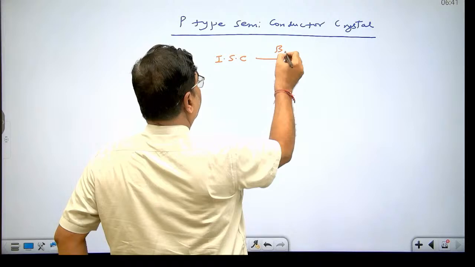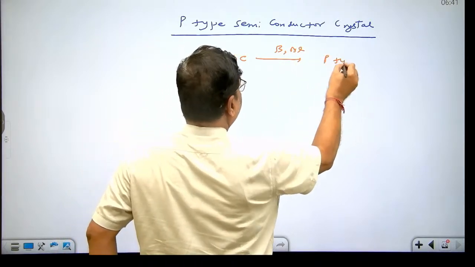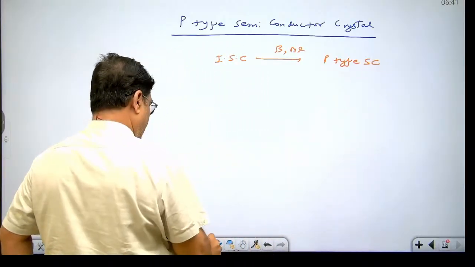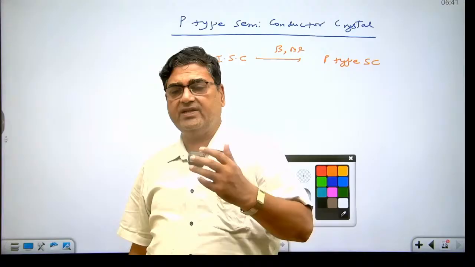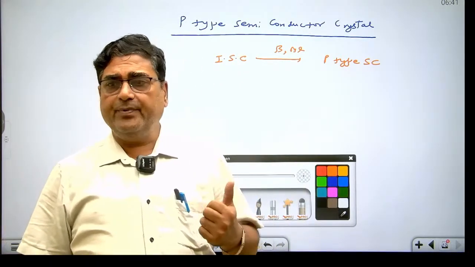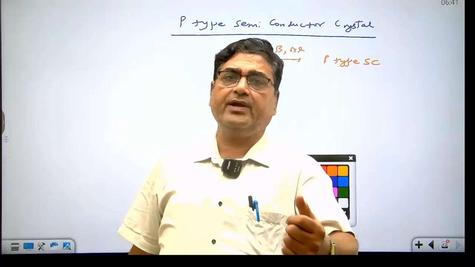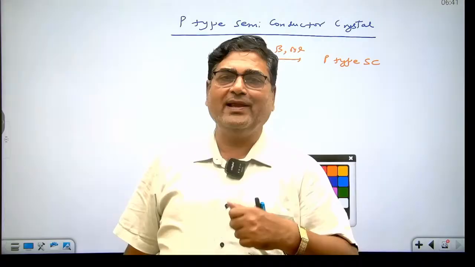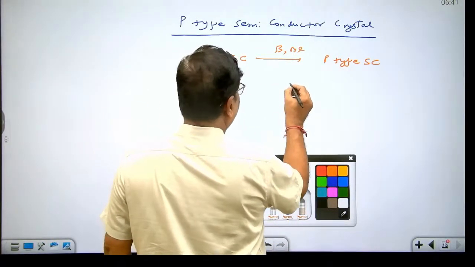In case of boron, there is a deficiency of one electron to complete the fourth covalent bond. So every impurity atom accepts one electron and converts into an immobile negative ion.